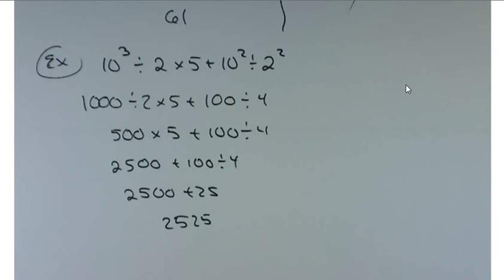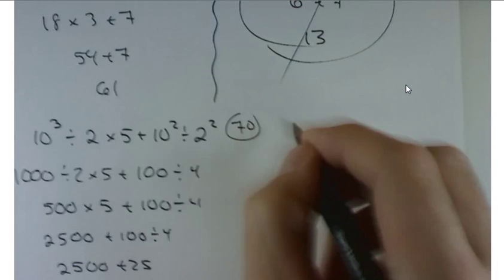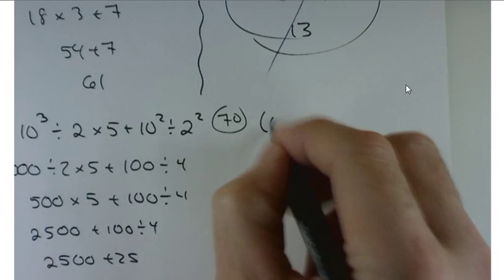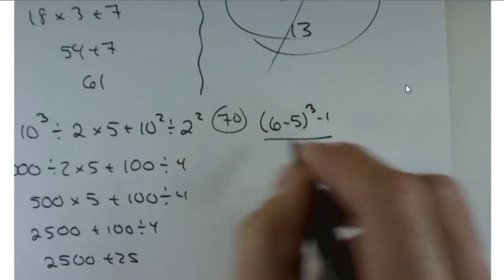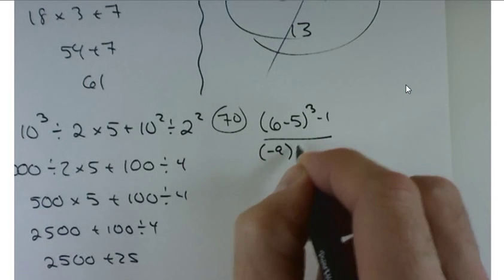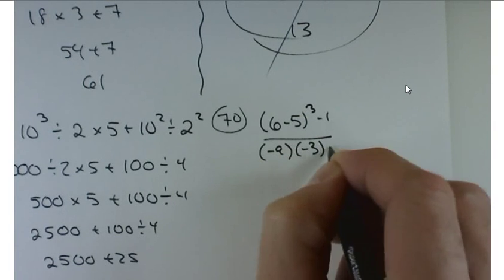So let me just give you a few more problems to finish up with, and we'll be on our way. Let's take a look at problem number 70. Six minus 5 cubed minus 1 over negative 9 times negative 3 minus 4.